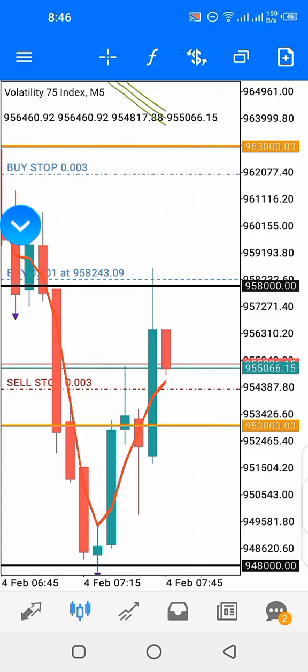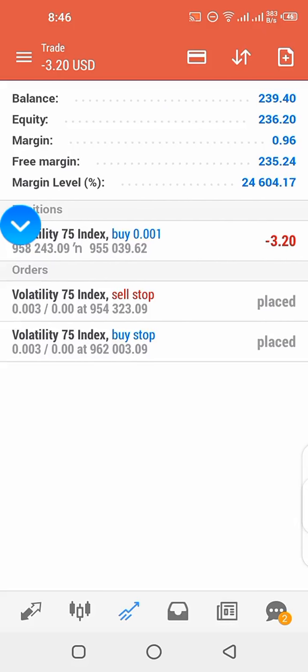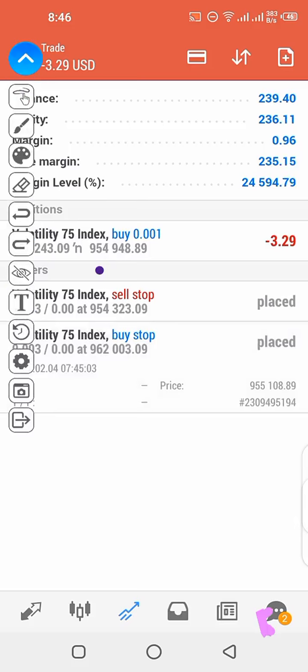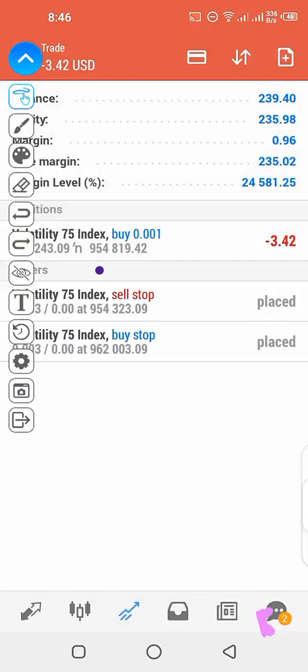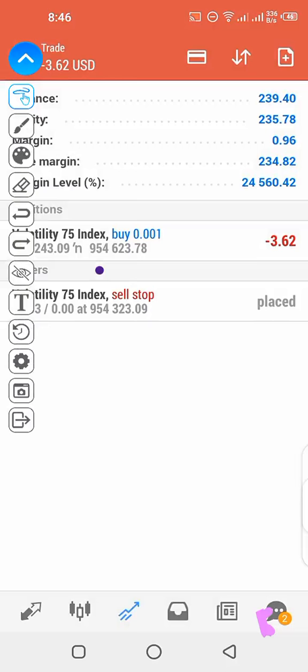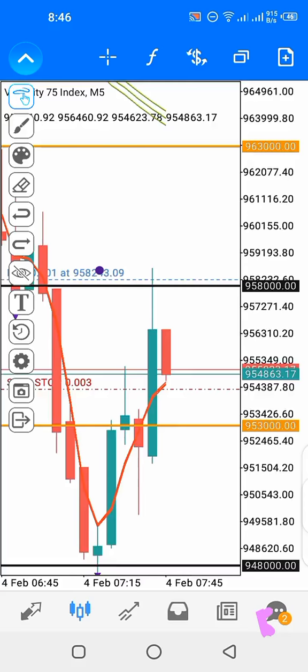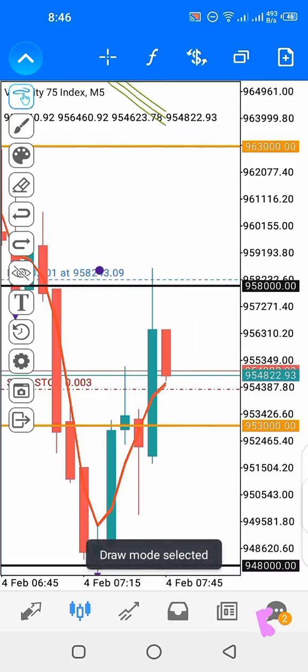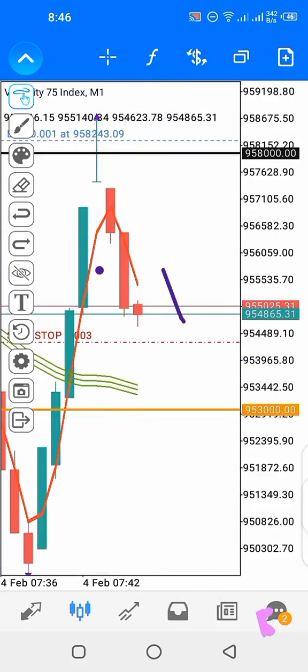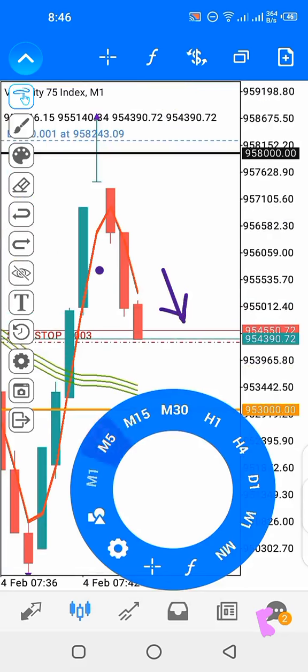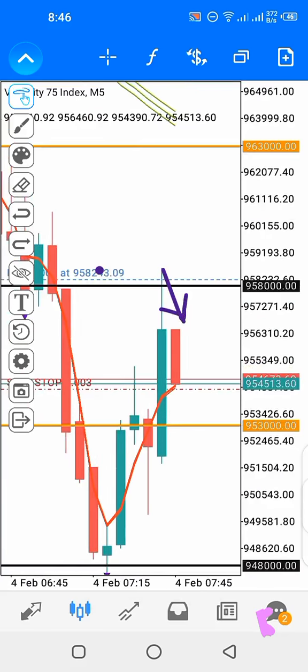But what just happened is my take profit for my sell trade just got triggered. My sell running order is no longer there. My sell running order was around here, and the take profit has been triggered.